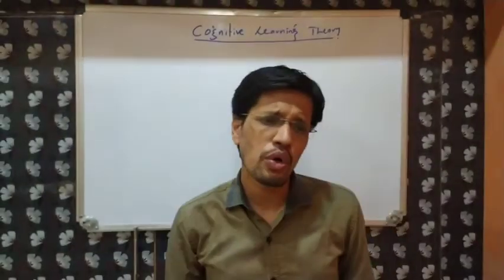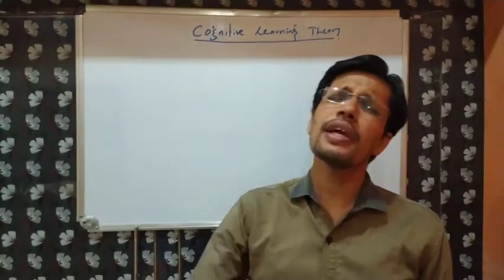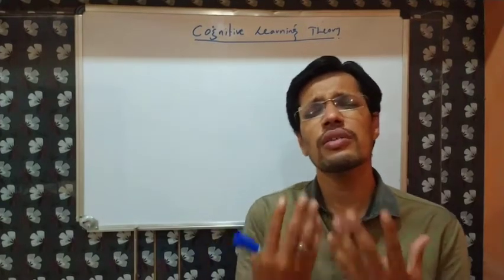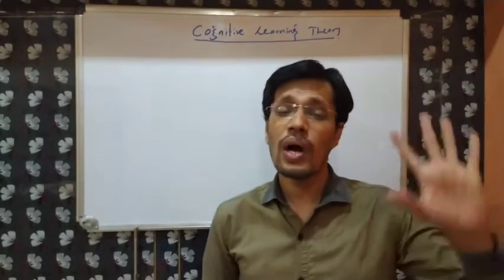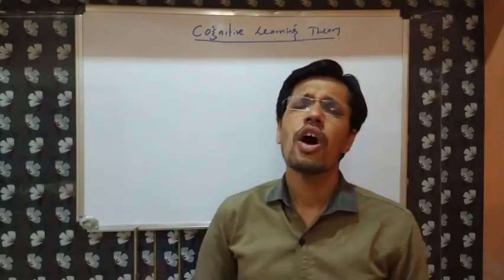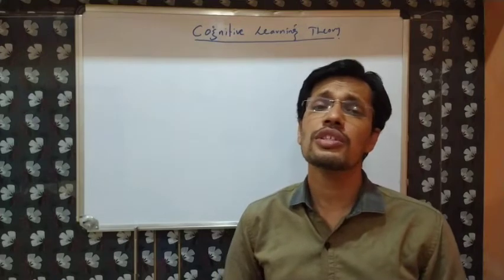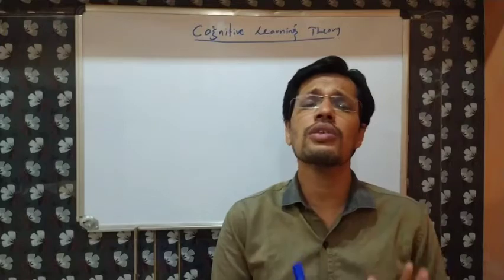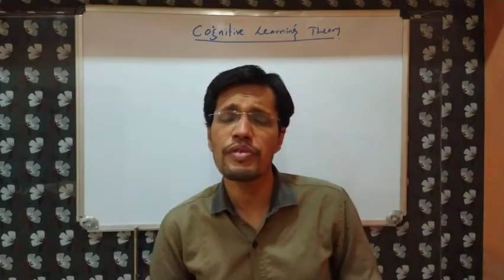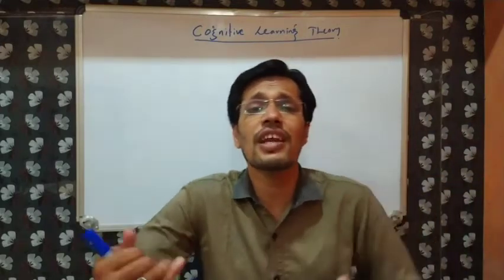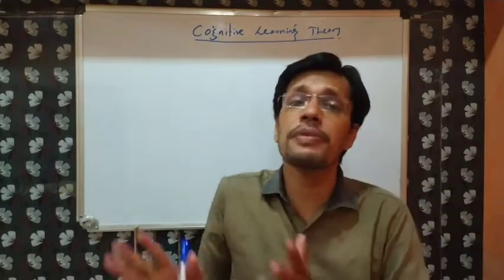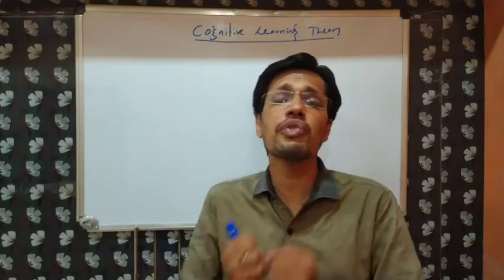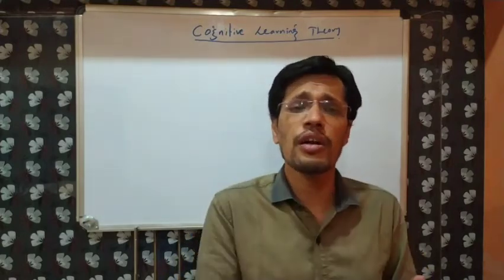Students, as we all know, every learning process need not require any motion or action. What operant conditioning theory or social conditioning theory discussed was how learning occurs, even Pavlov explained, through physical action, through a series of events, how any creature learns, how an individual learns, how an animal learns.